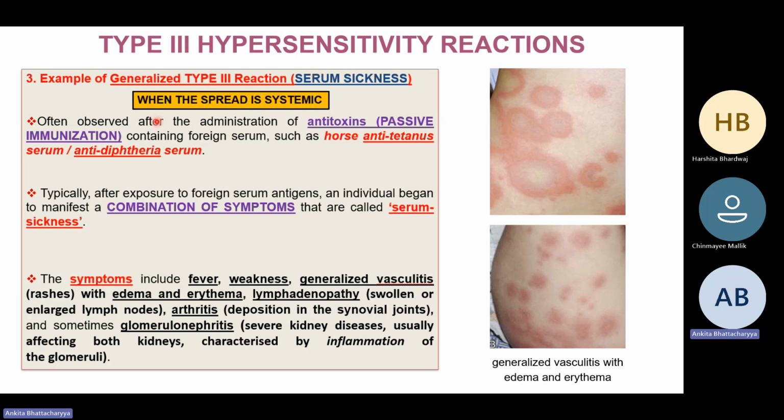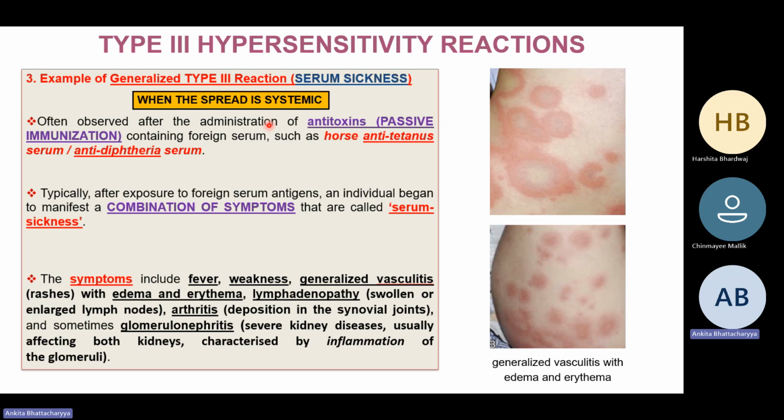It is often observed after the administration of antitoxins, which is a part of passive immunization from a foreign serum. For example, when somebody gets bitten by a snake, as an immediate way of eliciting a response, in a lot of cases antitoxins, or passively generated antibodies, either raised in, say, a horse or some other animal, can be administered to the patient.